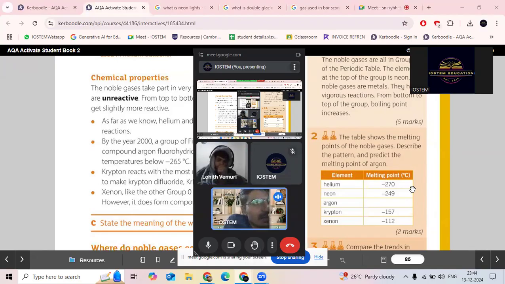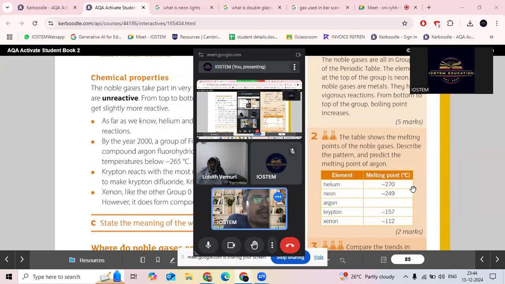You have to write the answer in a proper way, then you will get the 2 marks or full marks. Listen carefully. You know the trend: if you are coming from top to bottom, the melting point and boiling point both increase, right? So you have to write that the melting point of argon lies between minus 249 degrees Celsius and minus 157 degrees Celsius.